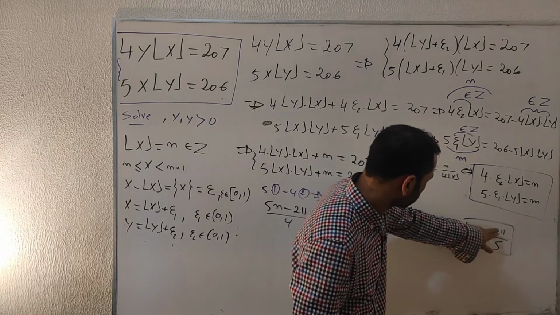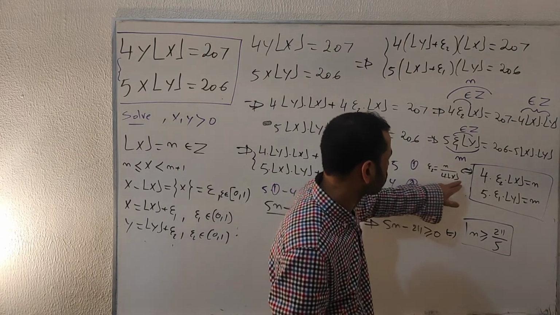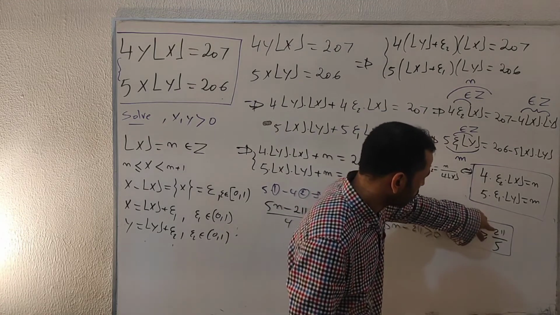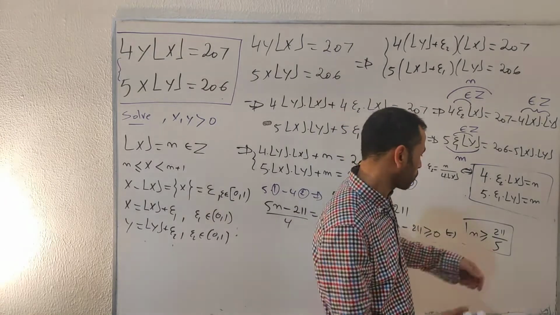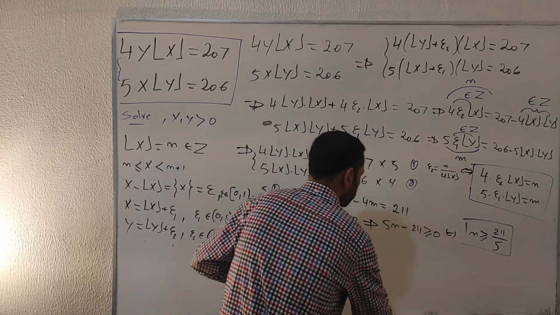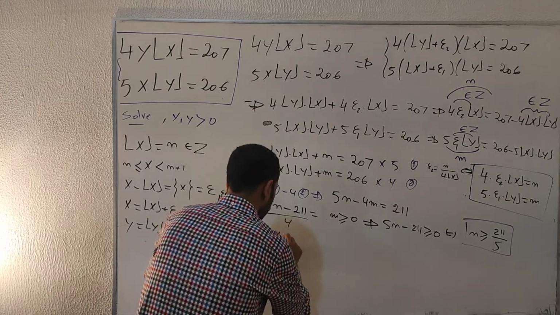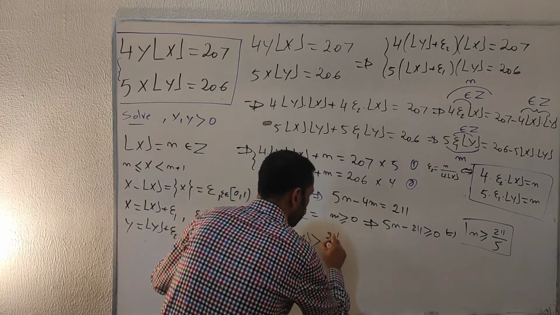Since n is superior or equal to 211 over 5, 4 multiplied by the floor of x is strictly superior to 211 over 5. The numerator is just bigger than this one, but the denominator is even bigger. So I will have 4 multiplied by the floor of x strictly superior to 211 over 5.